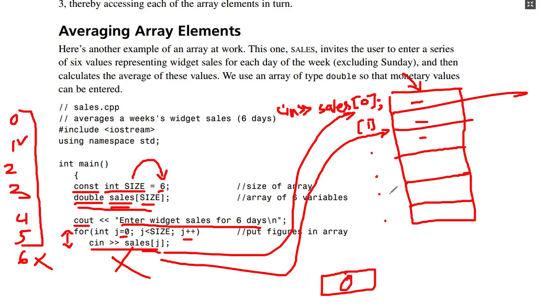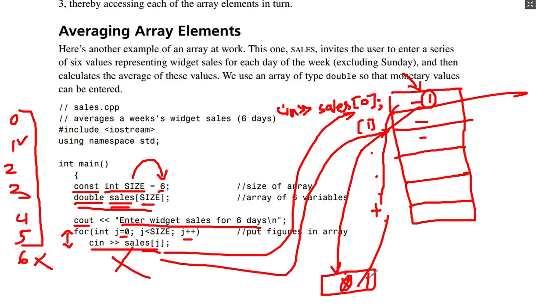Then 0 is added with this number first. For example, if it is equal to 1, then 0 plus 1 would become equal to 1, and that 1 would be stored in this variable. So this would become equal to 1.